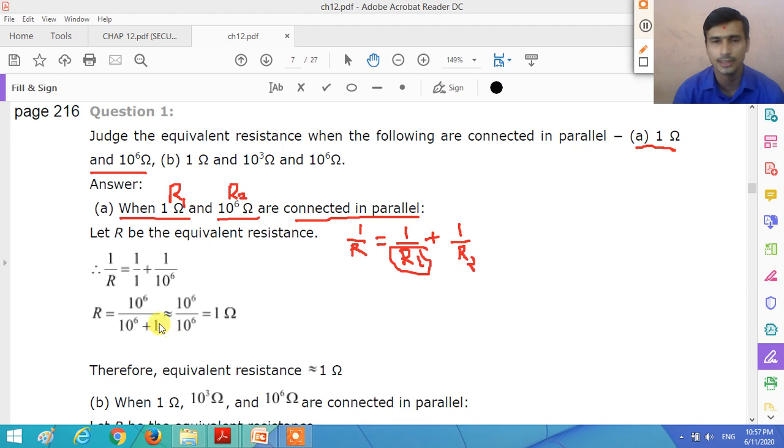Here 10 raised to 6 is very large compared to 1, so neglecting this 1, we get approximately 1 ohm. The equivalent resistance in a parallel combination is smaller than the smallest value of resistance, that is 1 ohm.